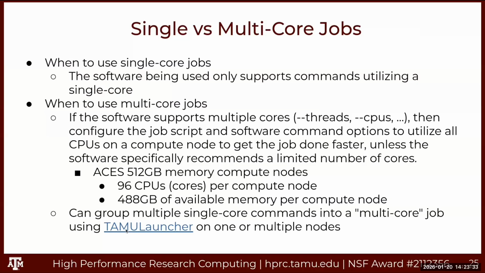If you have hundreds of commands, and each one of those commands just uses one CPU, instead of running 100 different job scripts, you can run one job that will manage 100 tasks or 100 commands. That's what the TAMULauncher utility is for. We'll cover that in a little bit here.